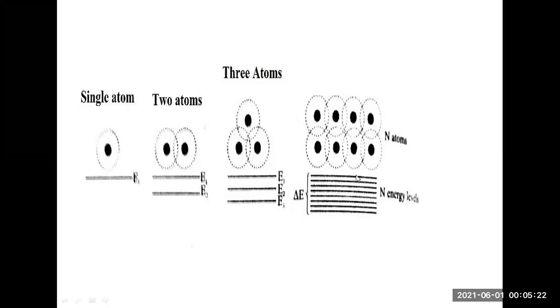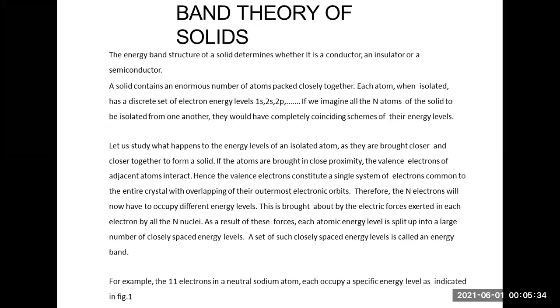If n atoms are there, there will be n energy levels. This is to understand clearly how energy bands form in a solid. So, the band theory of solids, the energy band structure of the solid. Why are we studying this energy band structure or band theory of solids?